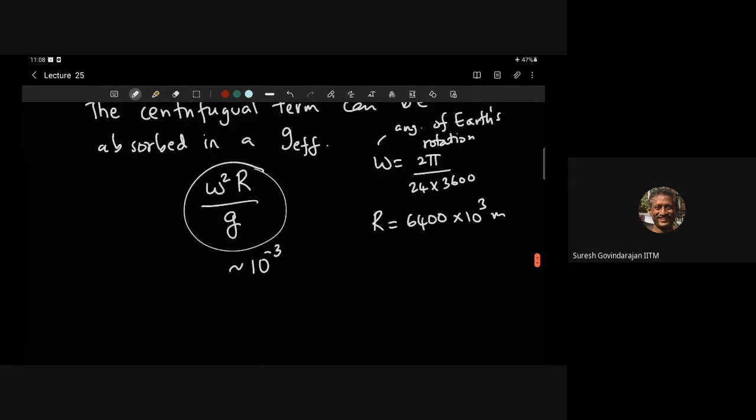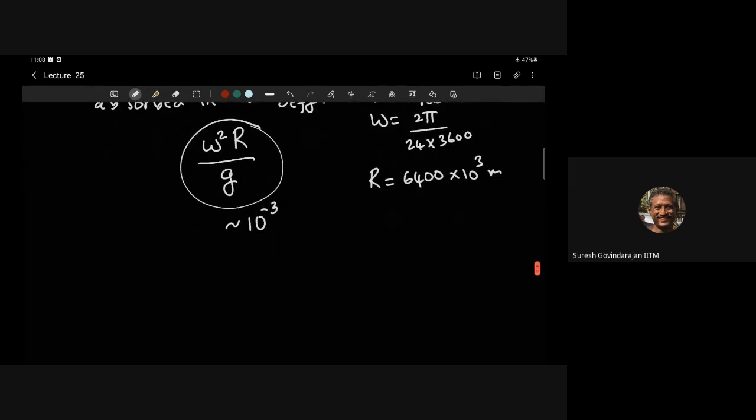We can also see what about omega by omega naught. Omega naught was order 1. So omega by omega naught is dimensionless, by the way, where omega naught is the frequency of the pendulum.